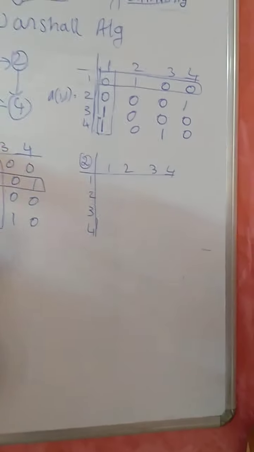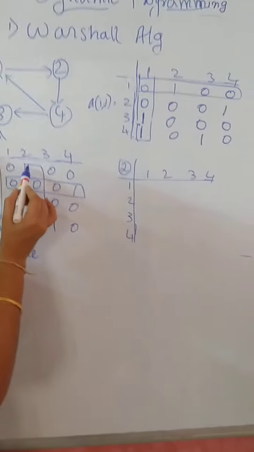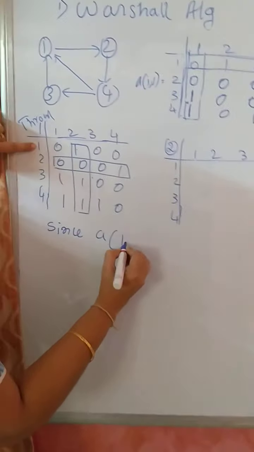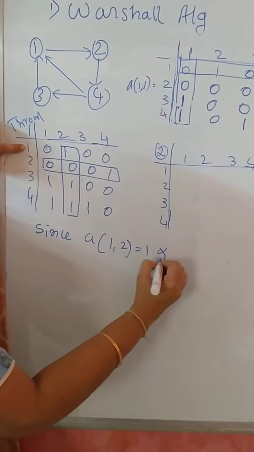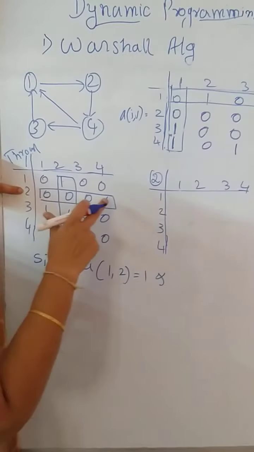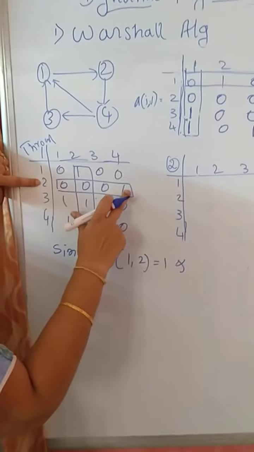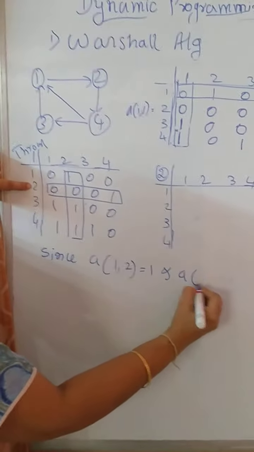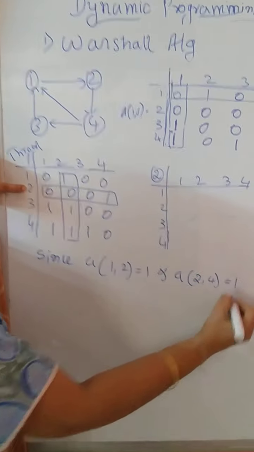Here I will take the first column, column 1. This one means A of 1 to 2 is equal to 1, and I will repeat this with row 1. Which is row 1? This one. This one means A of 2 to 4 is equal to 1.